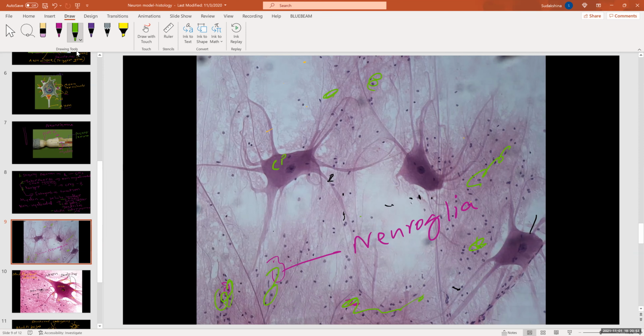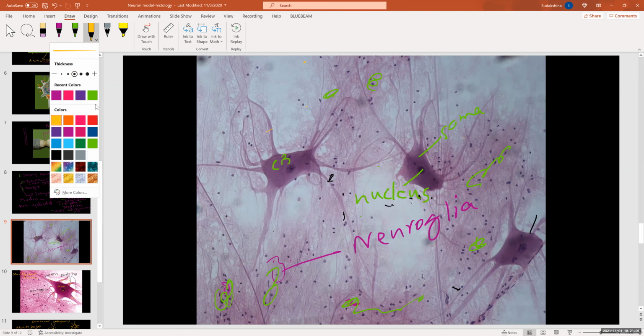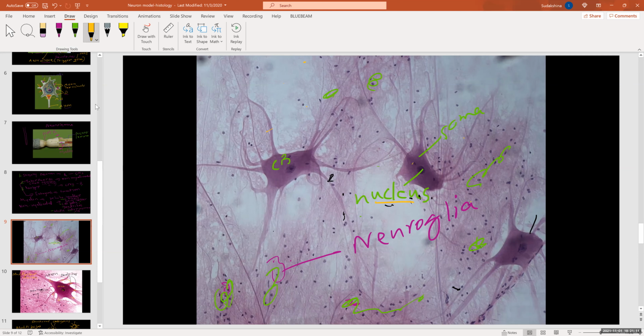So cell body or soma, you can see the nucleus. Nucleus, cell body. And then which ones are dendrites? If you look at this, these are shorter. These would be dendrites.